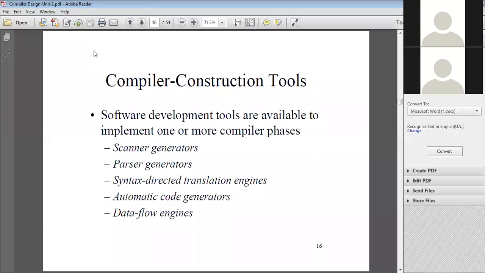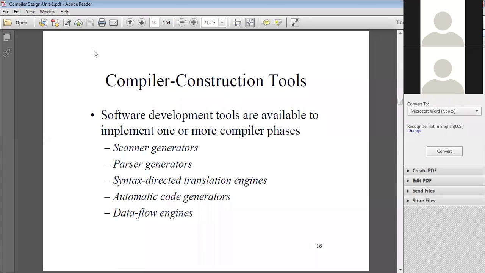So compiler construction tools. There are different compiler construction tools, that is, software development tools available to implement one or more compiler phases. So there are different software development tools called scanner generators, parser generators, syntax directed translation engines, automatic code generators, data flow engines. So these are the different compiler construction tools.